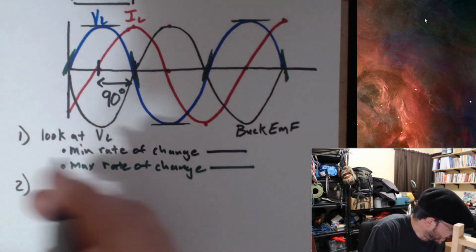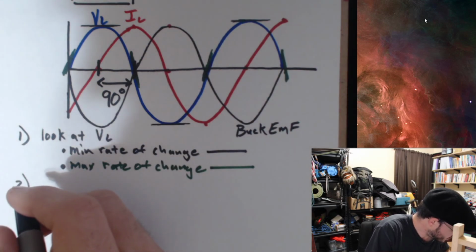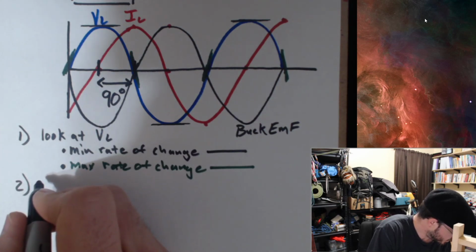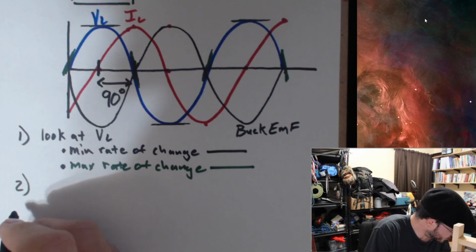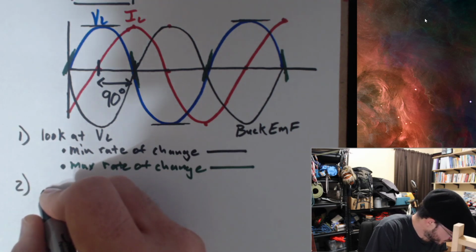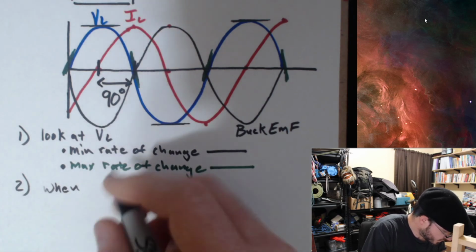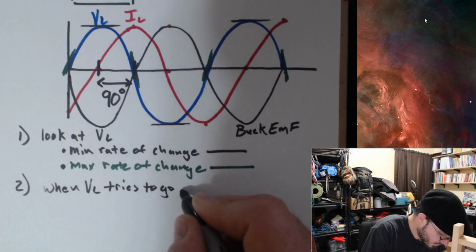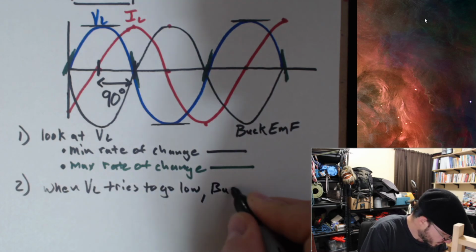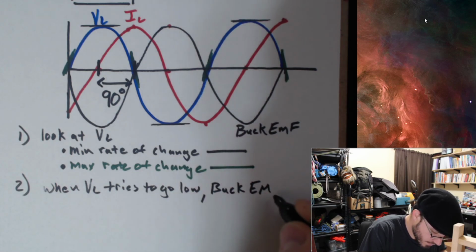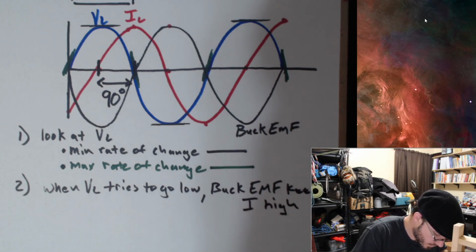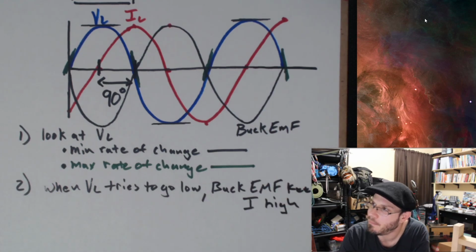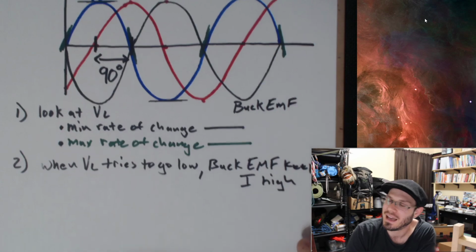So let's go ahead and say that when V sub L tries to go low, the back EMF keeps the current high.